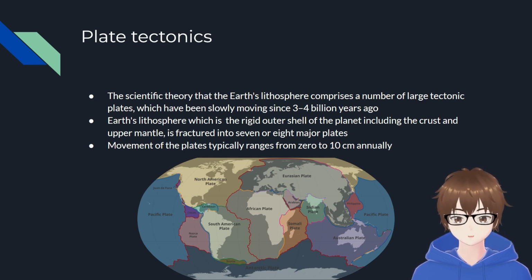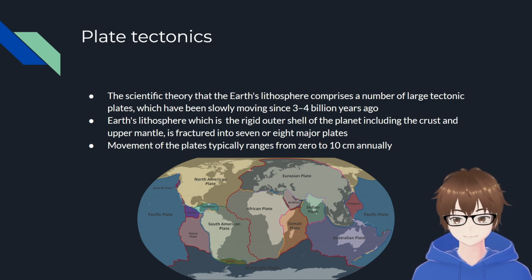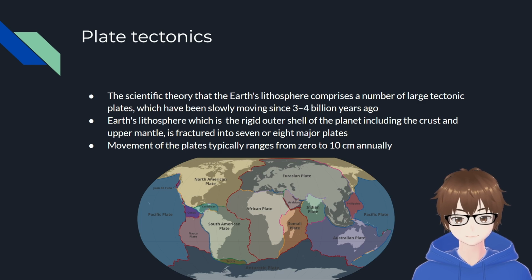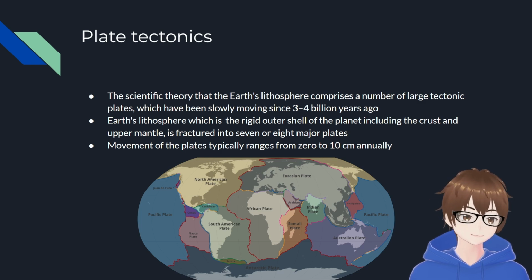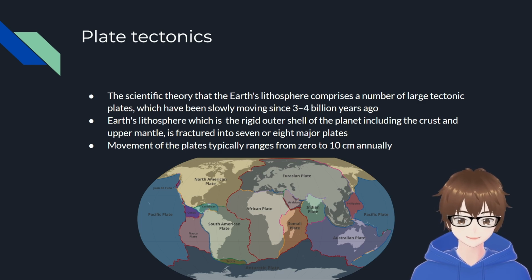So, you know how we were talking a while back about Gondwana and then Pangea and stuff like that? These plate tectonics, the way they move, that's the reason why Pangea is not still here. It broke apart, and that's basically why. As you can see, I have a picture here of the globe, and you can see, like they said, 7 or 8 major plates around here.